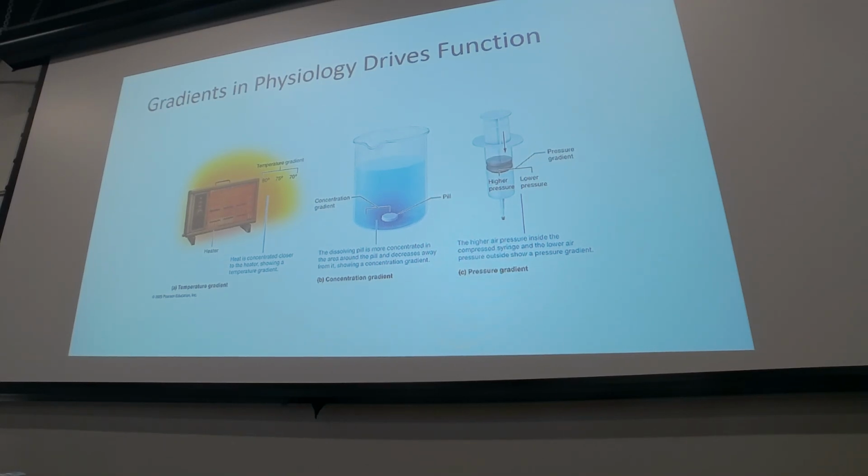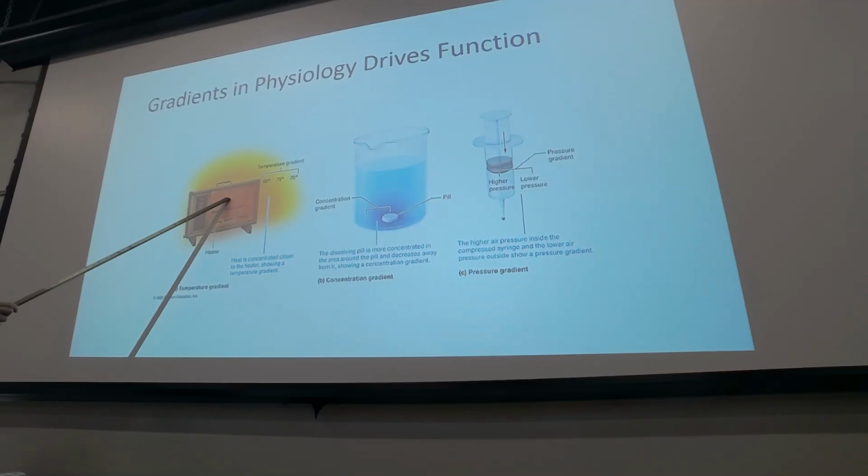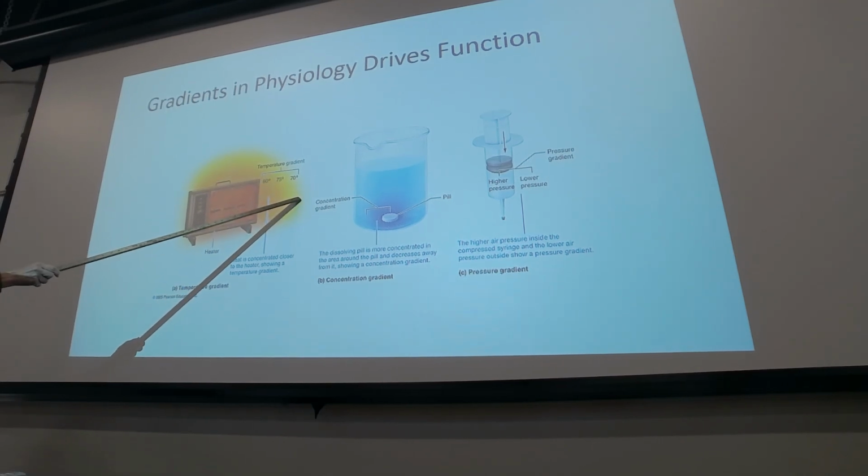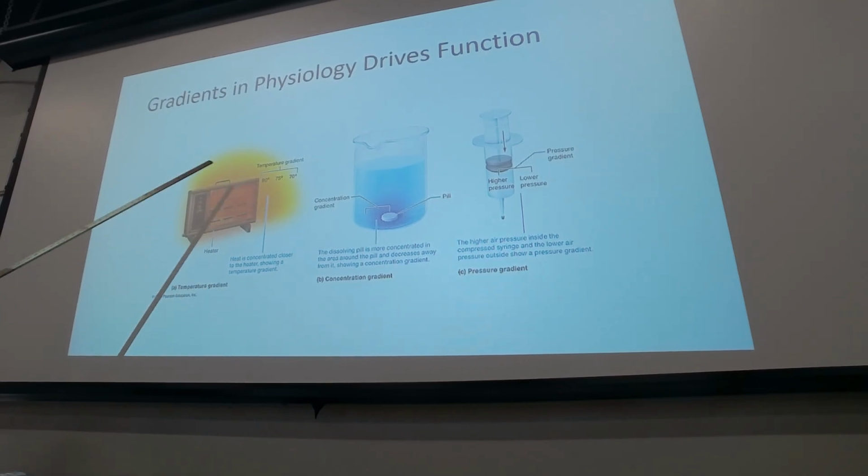So, in the case of heat, the temperature gradient here is from 80 to 70 degrees. Because here we have higher temperature closer to this heater, the heat will move from higher temperature to lower temperature, from 80 to 70, and not vice versa.